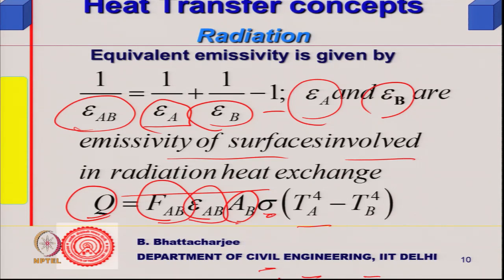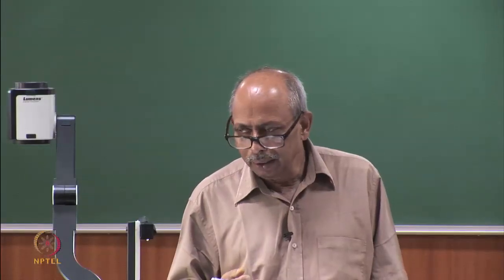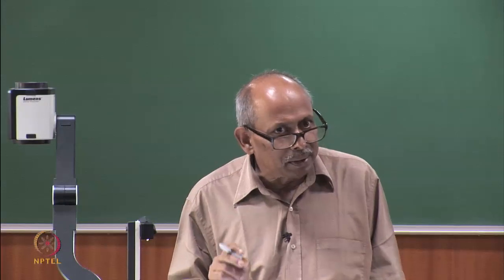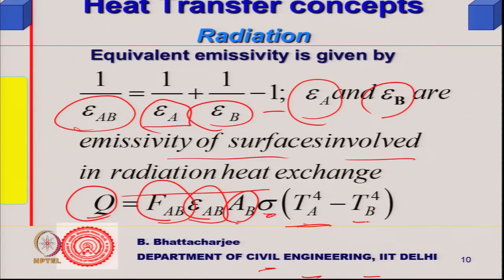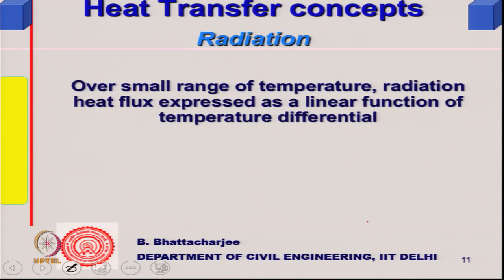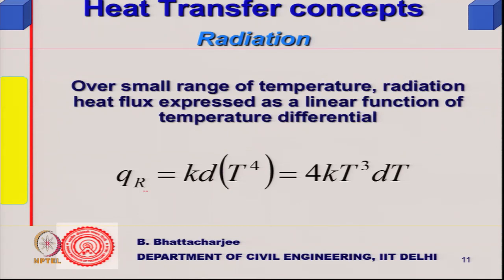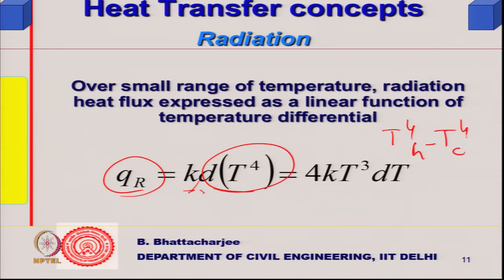Now, this means that radiation heat transfer is non-linear, it is T to the power 4. But if the temperature difference, Ta minus Tb, is not very large, then we can approximate it in a linear manner. Let us see how we do it. Over a small range of temperature, radiation heat flux can be expressed as a linear function of temperature differential. Instead of T to the power 4, I can write QR as some constants times the difference TH to the power 4 minus TC to the power 4.